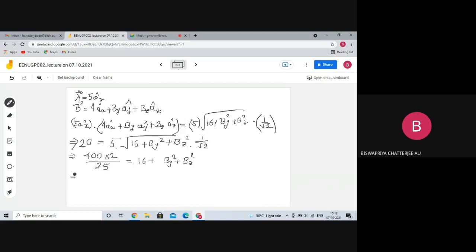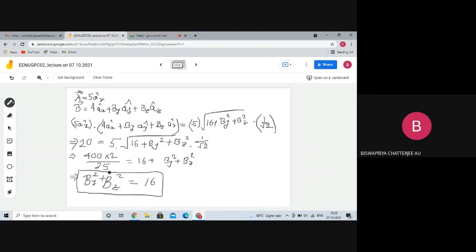So from there we can directly write by square plus bz square equal to 16. So this is the relation.